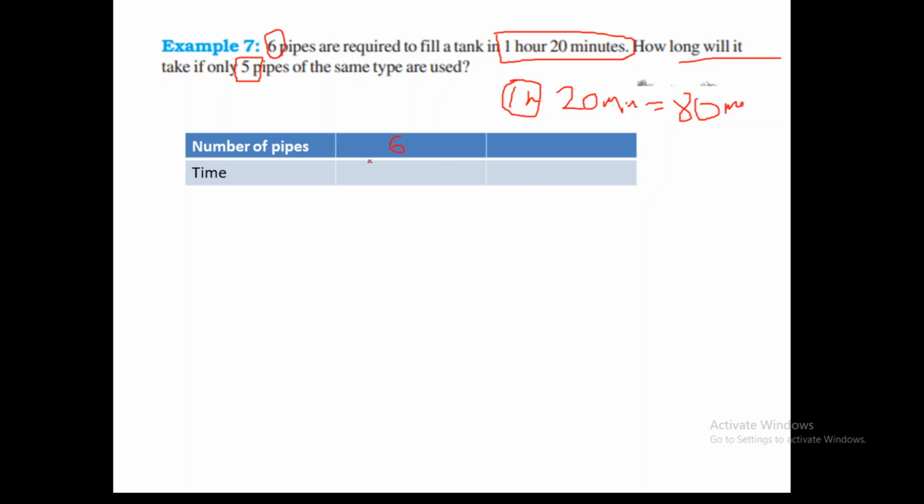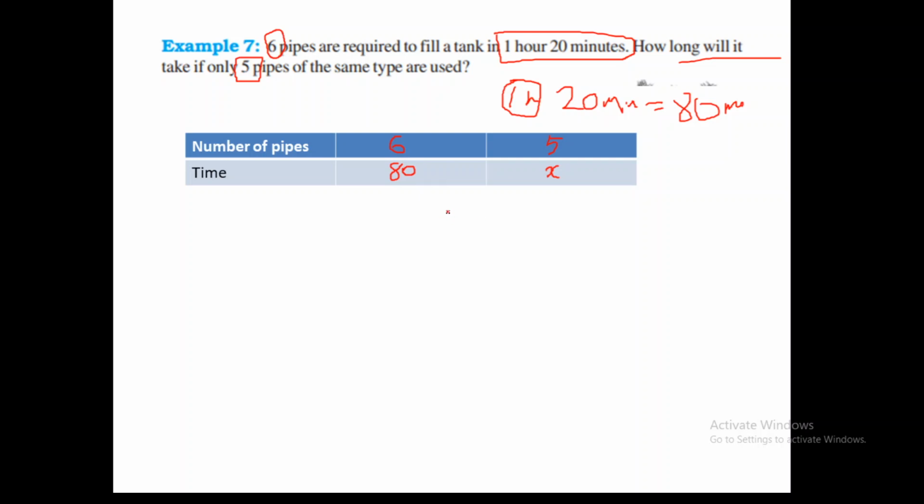So if you use 6 pipes, it will take 80 minutes to fill a tank. Here, if there are only 5 pipes, it is sure that it will take more time to fill the tank, right? So here inverse proportion.